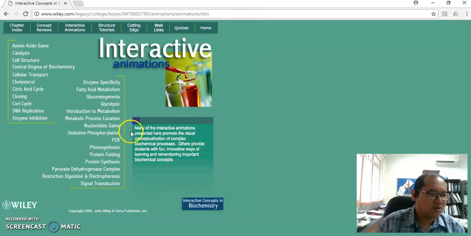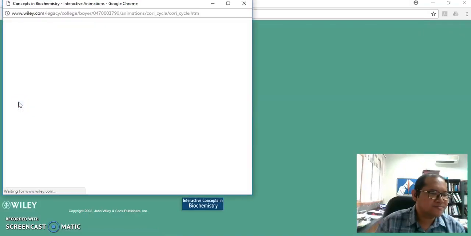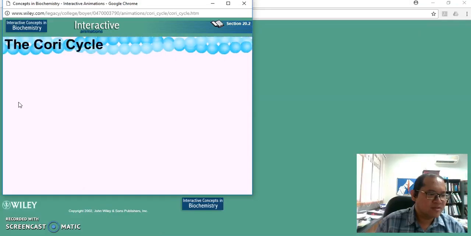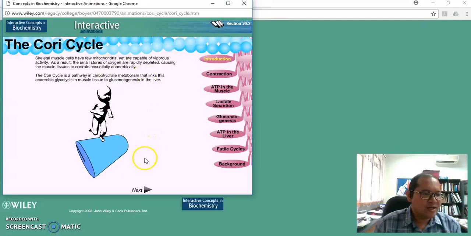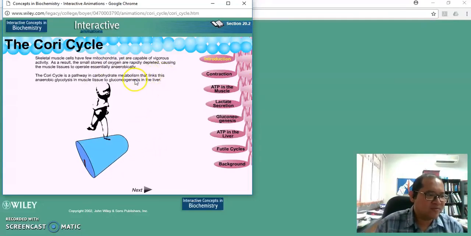Let's have a look. What else do they have? Okay. Let's go to Cori cycle. So this is the Cori cycle. So it gives some explanation. So for example in this case, skeletal muscles have few mitochondria, yet are capable of various activity.